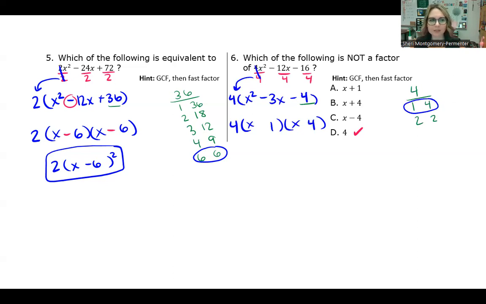When I put it together, I see that my middle term is negative, so my bigger number, which is a 4, has to be negative. If I have negative 4, would I add or subtract 1 to make negative 3? Add, because I'm getting less negative. So I already see that 4 is a factor, X plus 1 is a factor, and X minus 4 is a factor. The question is saying which one is not a factor. So the one that does not work is X plus 4.